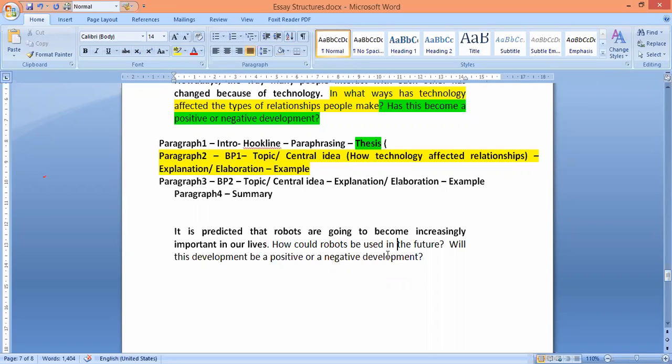So try to stick to that side only. Don't make it a negative side completely. Because suppose if they are used in the army, people will not die in war, only robots will fight, something like that.